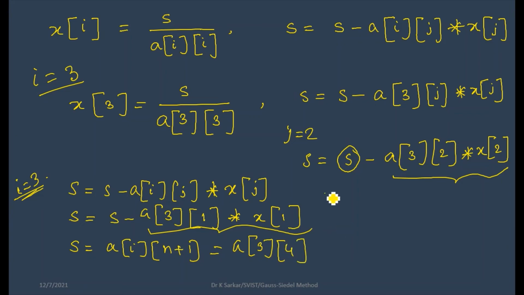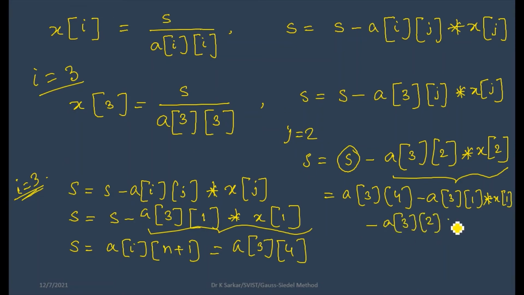Now you put all of this: a34 minus a31 multiplied by x1, minus this part a32 multiplied by x2.